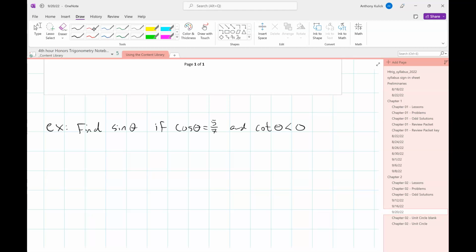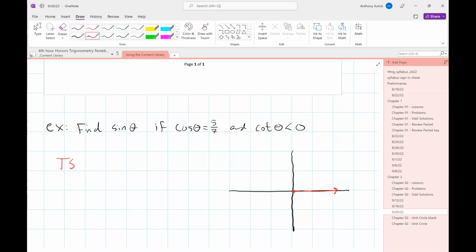Let's say we want to find sine theta if cosine theta is equal to 5/7 and cotangent theta is less than 0, if it's negative. First thing I need to do is figure out where to put my terminal side in my picture.